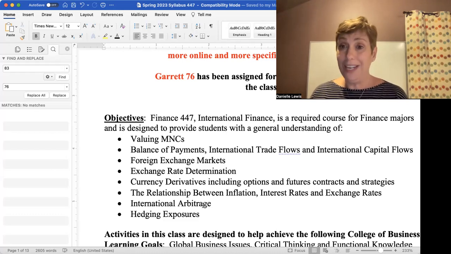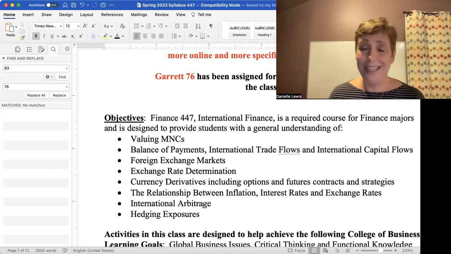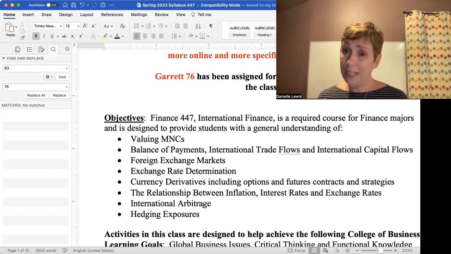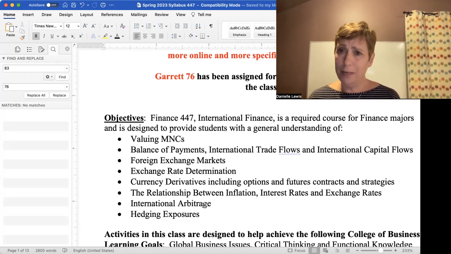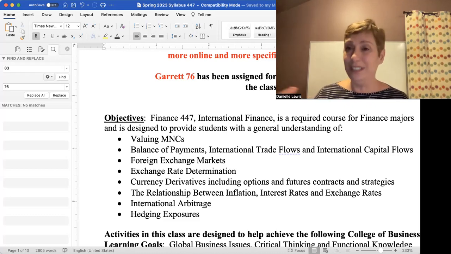The issue of exchange rate determination, we're going to go into that as far as the history. Not every country determines their exchange rates the same. The United States is a free-floating country, I think. We say we are, and Great Britain is a free-floating country.